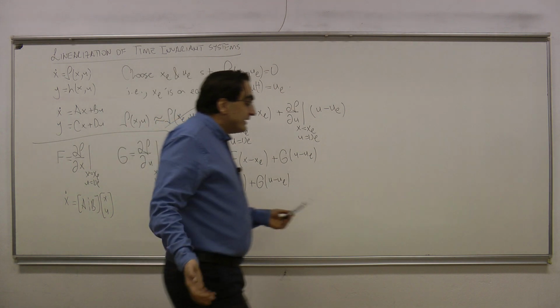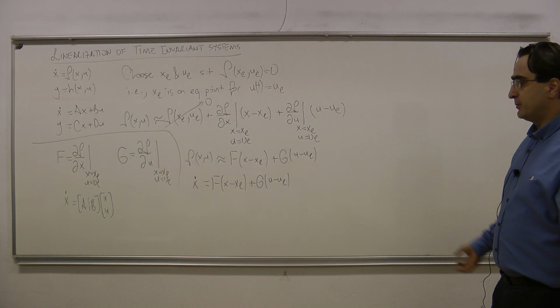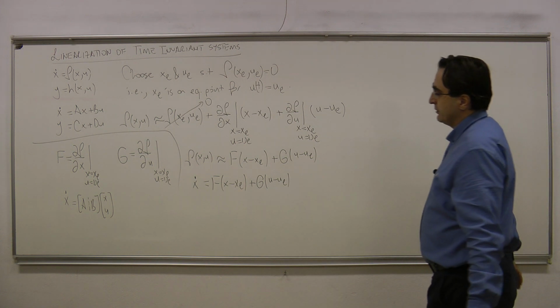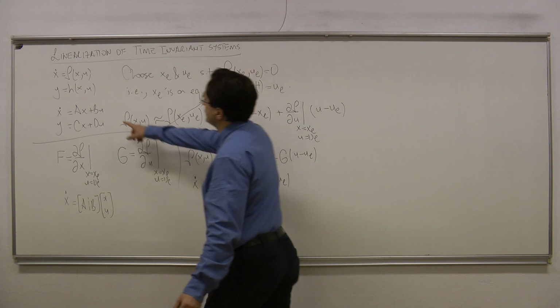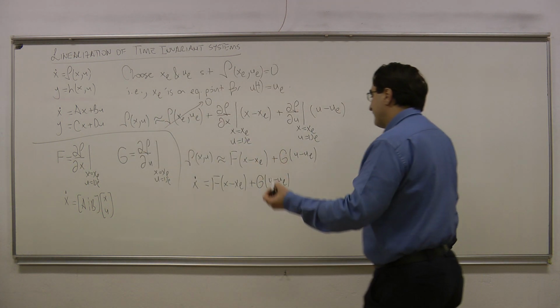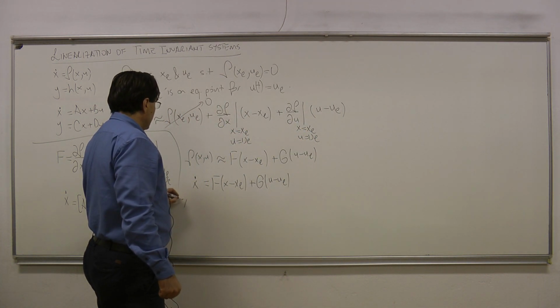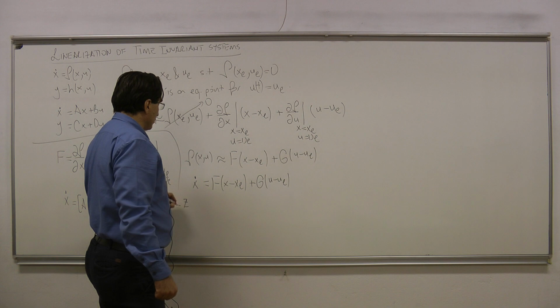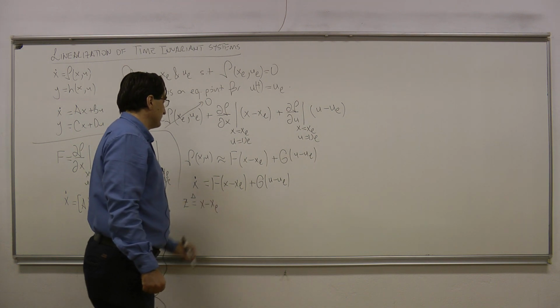So here what I have to do is to define a new state variable and a new input variable to actually make this equation come into the form given like this. If I'm defining my new state vector, it is going to be called z, and it's going to be x minus xe.